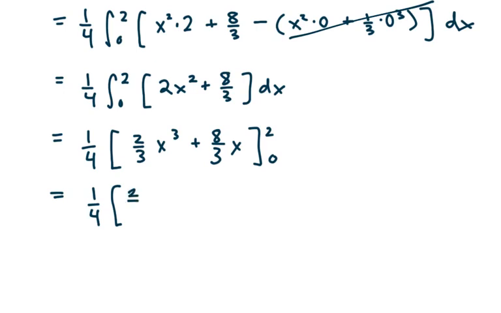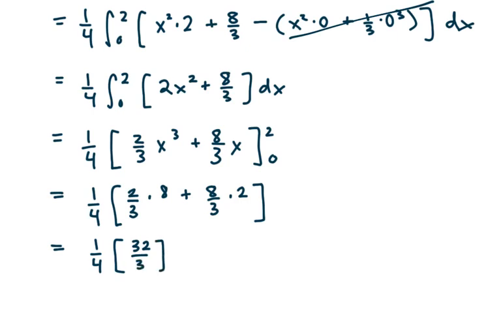I have 2/3 times 2 cubed, which is 8, plus 8/3 times 2. I have 1/4 times 16/3 plus 16/3, or 32/3. 4 goes into 32 8 times. The average value for this function integrated over the region is going to be 8/3.